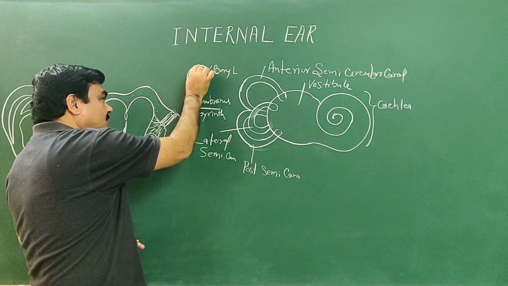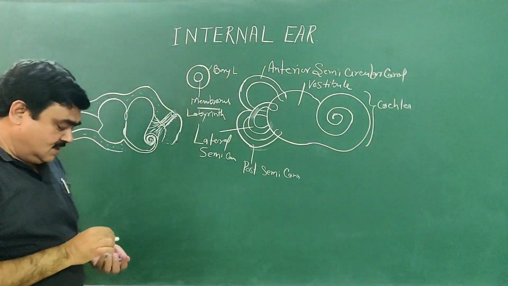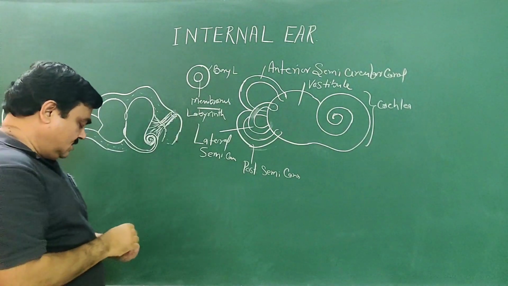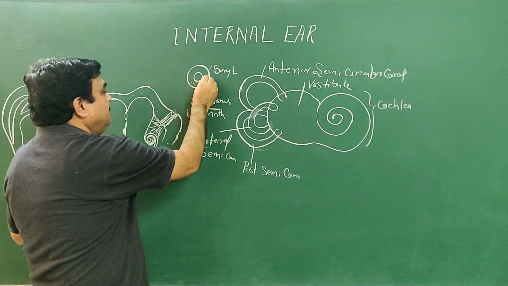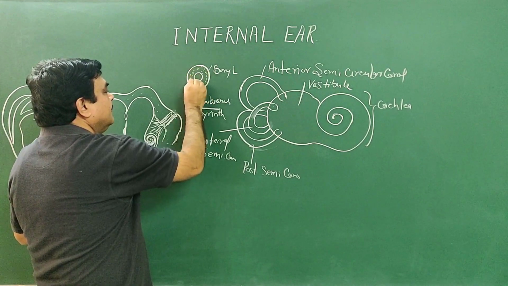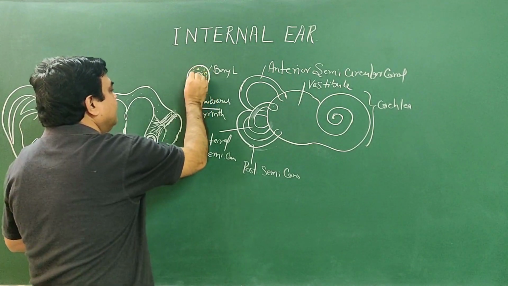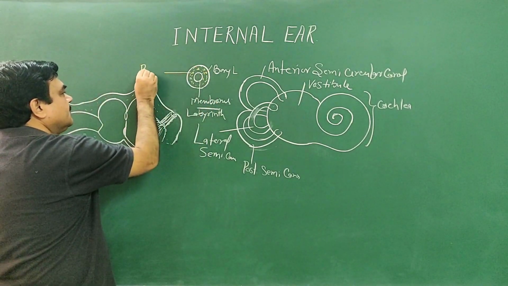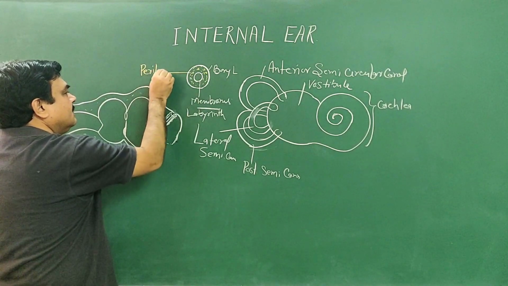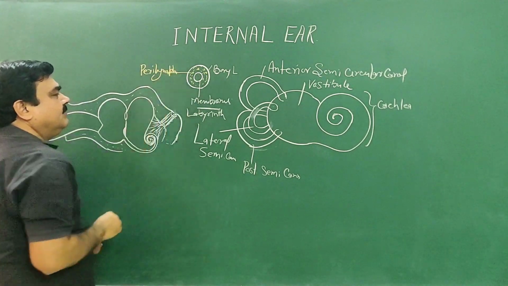Between the bony and membranous labyrinth there is a fluid known as perilymph.